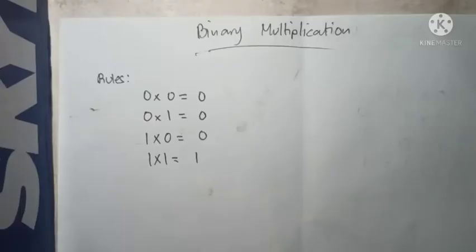Binary multiplication is similar to decimal multiplication. Multiplication of binary can be performed by using the following rules. We need to remember that anything multiplied with 0 is equal to 0.